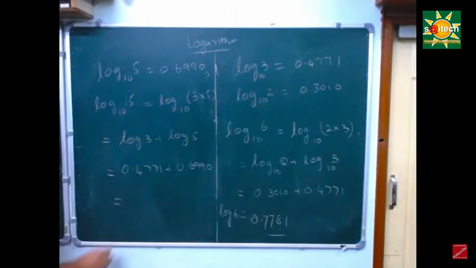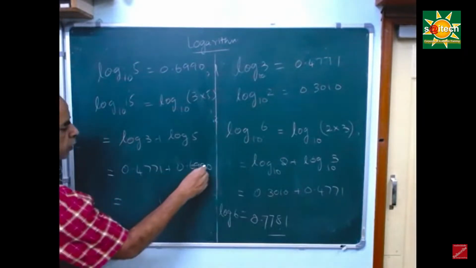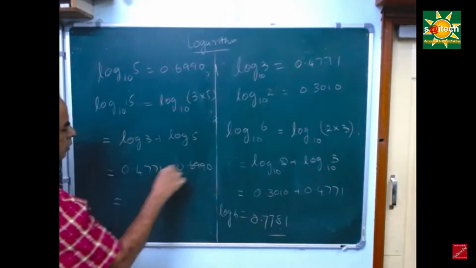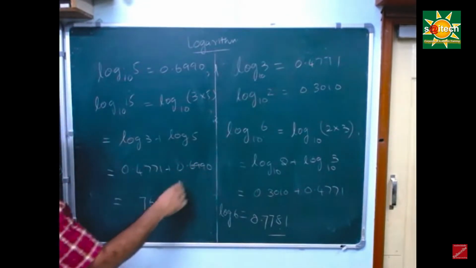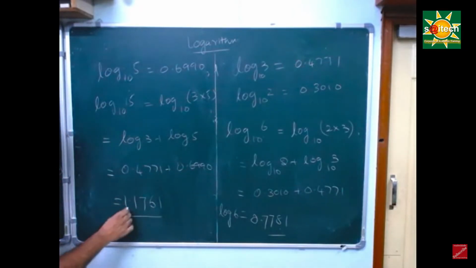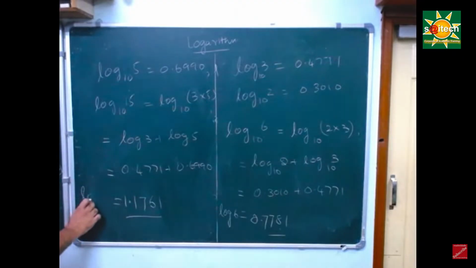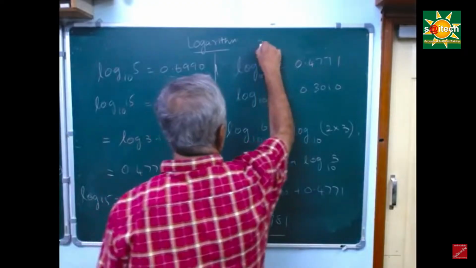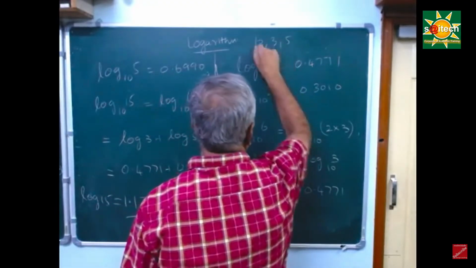So adding them, 1.1761 is the value of log 15, right? So try to work out various values based on 2, 3, 5, okay?